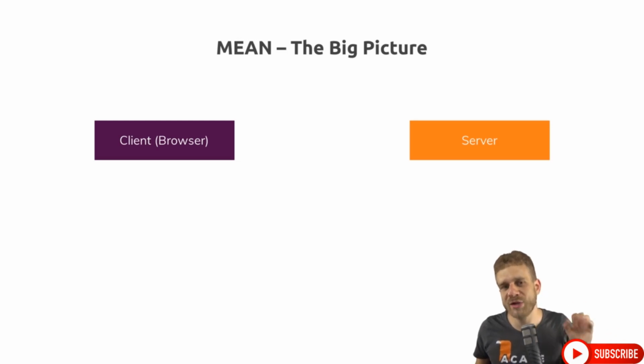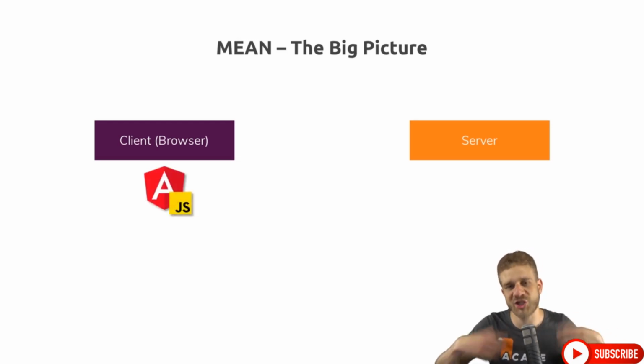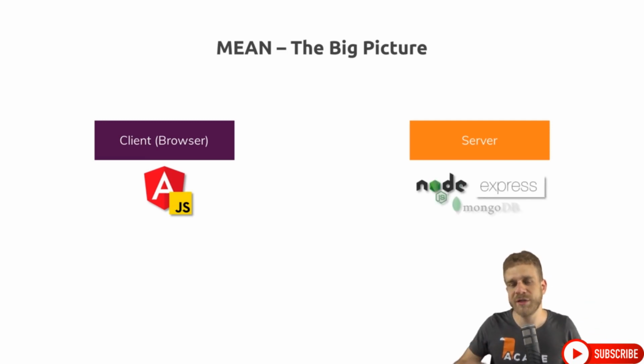So on the client, we use Angular, which is a JavaScript framework, so we also use JavaScript implicitly, and we use it to build that user interface. On the server side, we use Node, Express, and MongoDB. Node Express for the logic and MongoDB as a database. As I said, you don't want to connect directly to it from Angular.